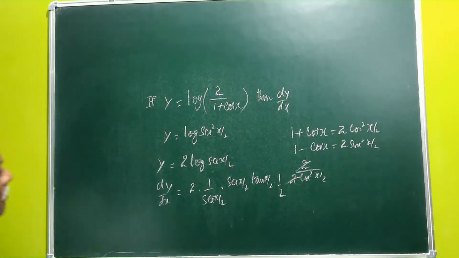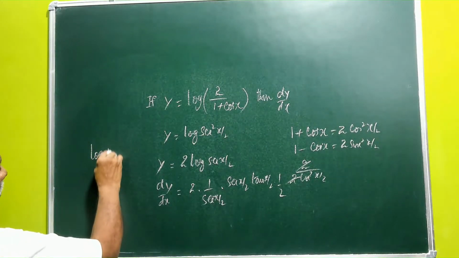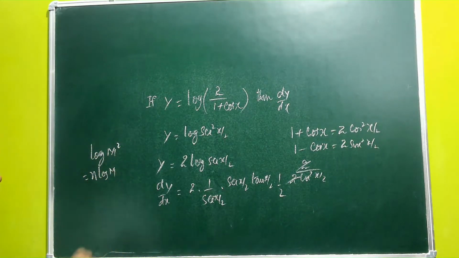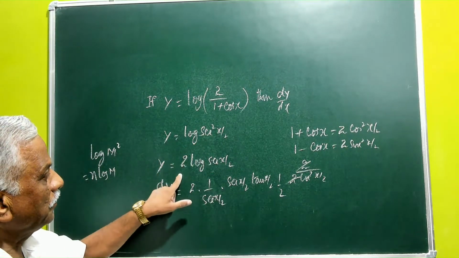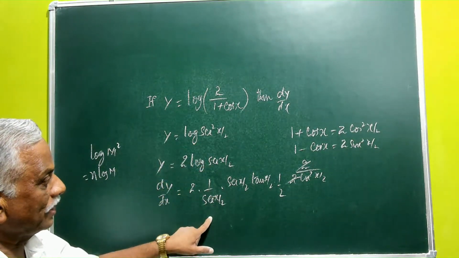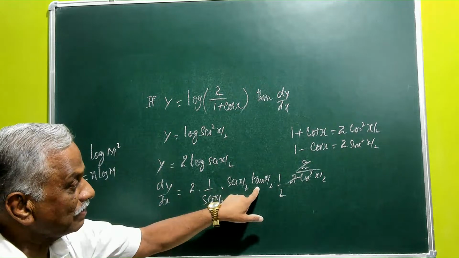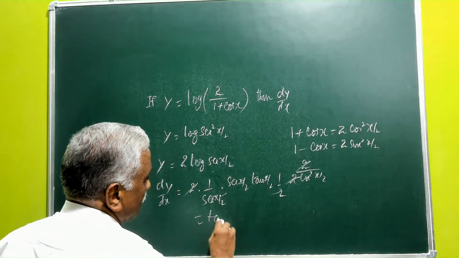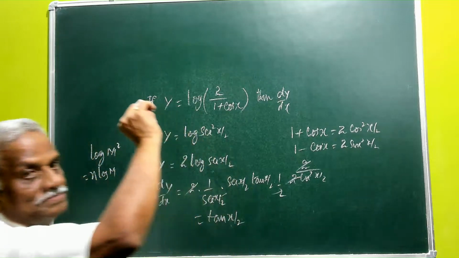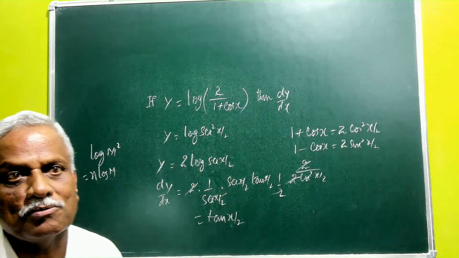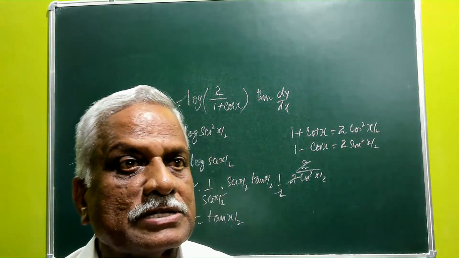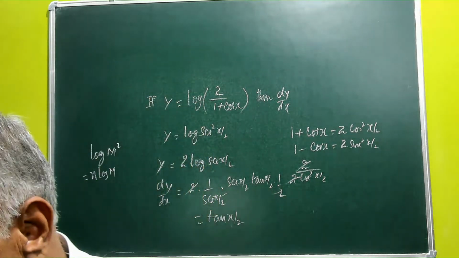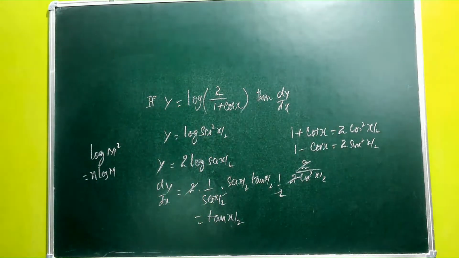See, I am using the formula log m square is equal to 2 log m, so differentiation becomes easy. 2 is kept here. Log gives 1 over secant x by 2, the derivative of secant is secant x by 2 tan x by 2, and x by 2 gives 1 by 2. All this will cancel. The answer is tan x by 2. So these problems are given just to test your ability in simplification plus the knowledge of differentiation. Let's go further.